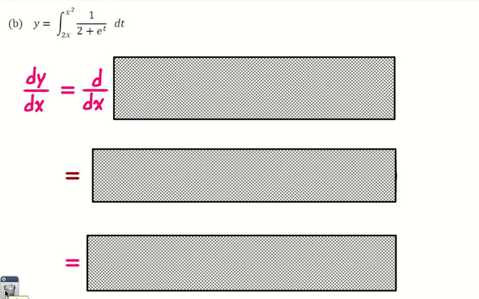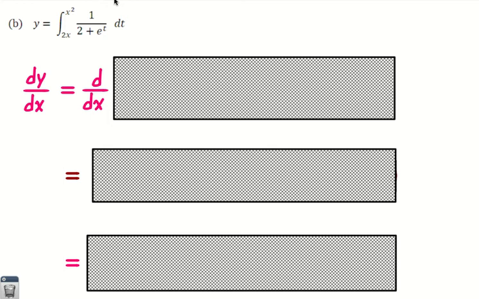So what are we going to do here? Any ideas off the top of your head? Any immediate ideas? How can we make this fit the fundamental theorem of Calculus Part 1?